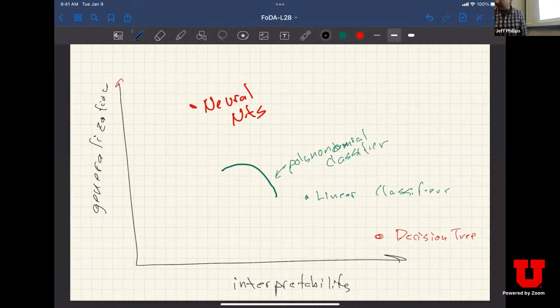There's another thing I want to draw, called a random forest, which is also very low on interpretability, but generalizes pretty well. It does well on these experiments. You try all these, you see how well they do on the test error, right? And the random forest tends to do quite well, but is not very interpretable.